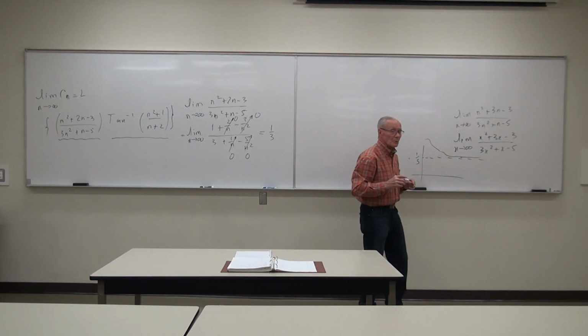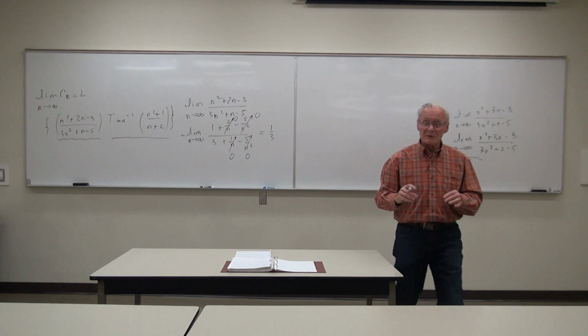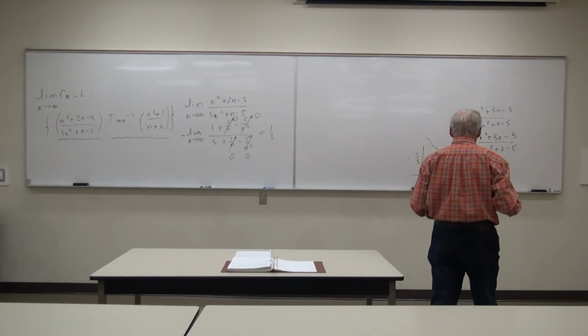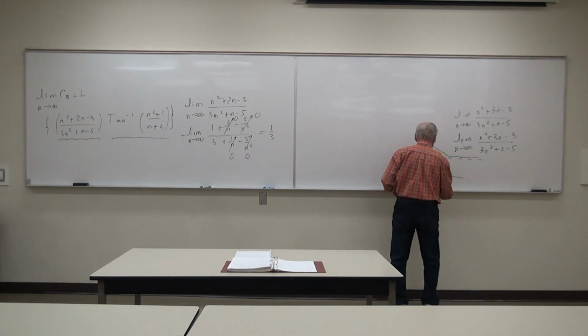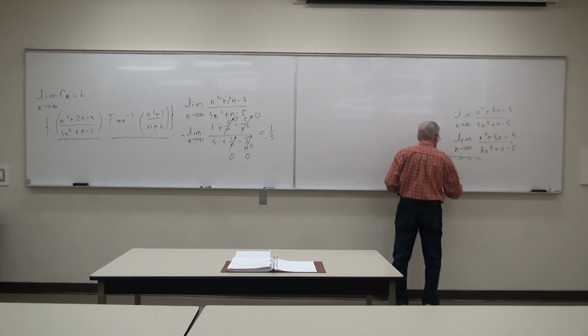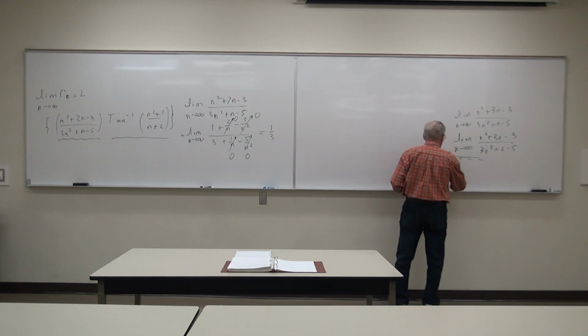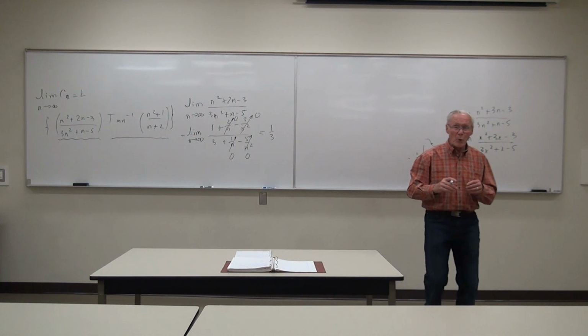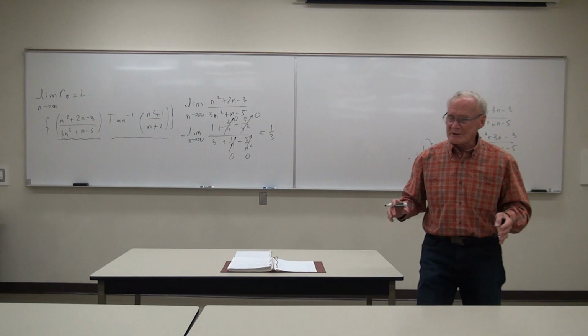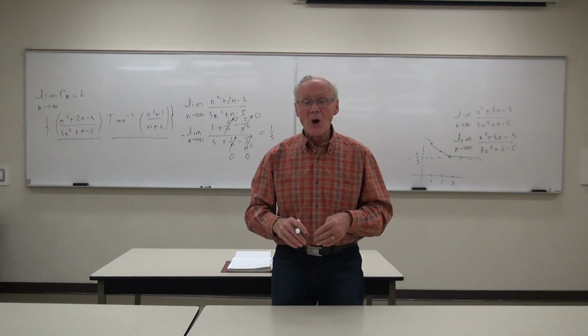Suppose you use L'Hopital's rule to prove that. So there's the function. Where's the sequence? Well, the sequence is a bunch of dots. That dot, that dot, that dot, and so on. If that curve approaches 1/3, then those dots have to approach 1/3 also.